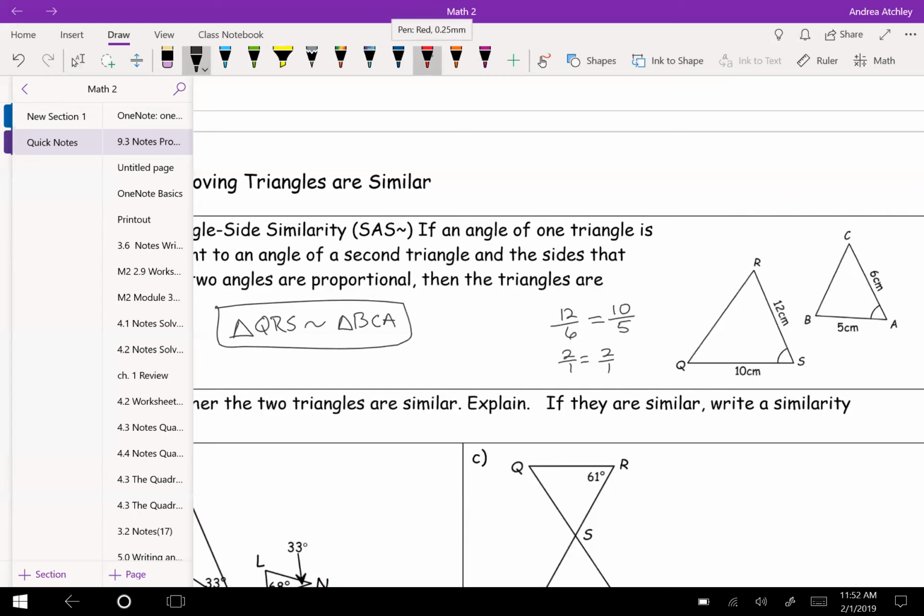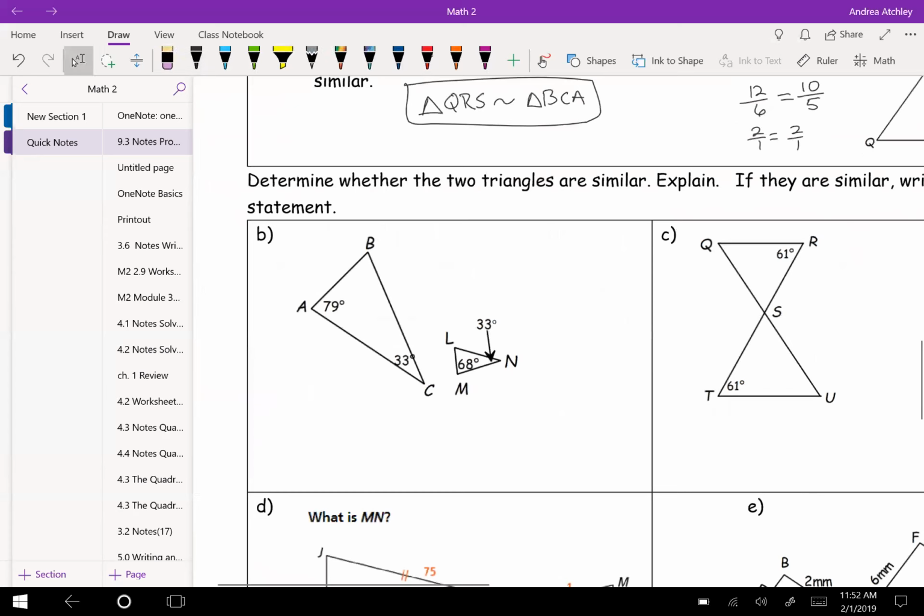Okay, let's do the next one together. Determine if the two triangles are similar. Explain. So tell me why. Is it angle, angle, side, side, side, or side, angle, side? Okay, if they are similar, write a similarity statement like we just did. Okay, so currently I have one angle congruent, right? I have 33 and 33.